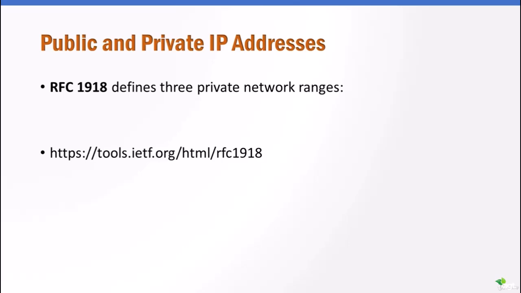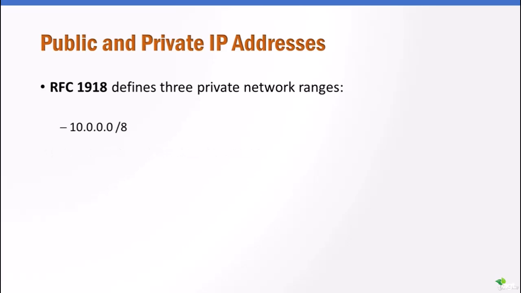So the 3 ranges are 10.0.0.0/8. Of course, we've learned in the previous lessons what this means. So pretty much all of the addresses that start with 10, or which have 10 in their first octet, are part of one of these 3 private network ranges defined in this RFC.